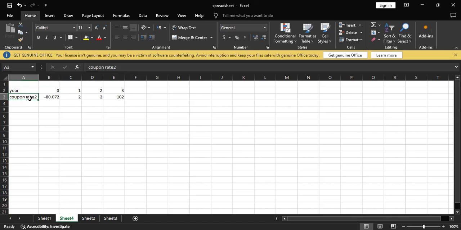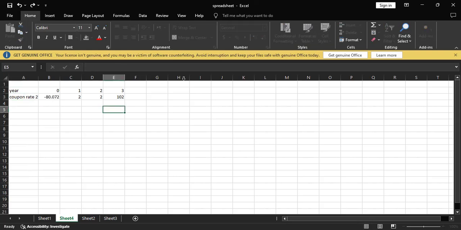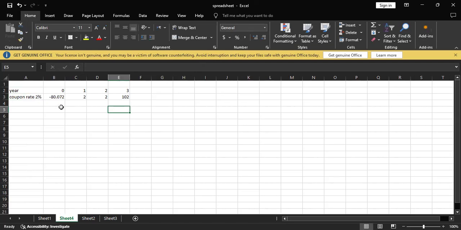Like in this question, the coupon is 2%, the lifespan of the bond is 3 years, the market value is 80.072 and the redemption was 102.